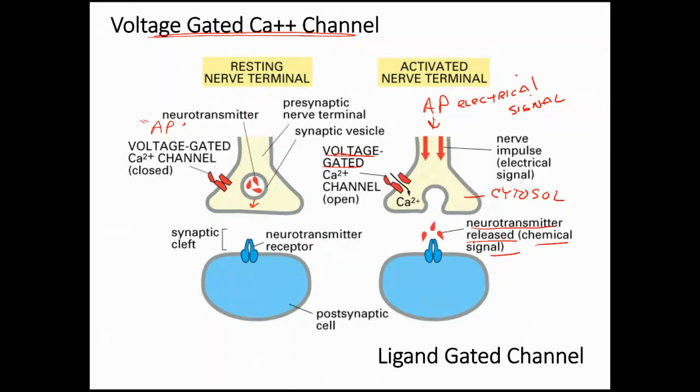At the end of the nerve terminal, at the neuromuscular junction, you're going to have the action potential opening up calcium channels. The calcium is going to cause the synaptic vesicles with maybe the acetylcholine that's in there to now fuse with the plasma membrane and release the neurotransmitter. Maybe this is ACh if this is a neuromuscular junction. And that actually means the electrical signal has been changed into a chemical signal, right?